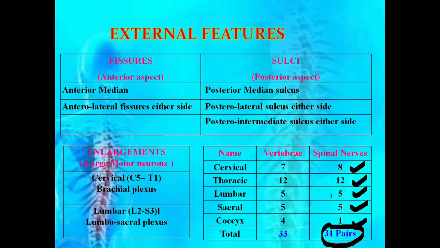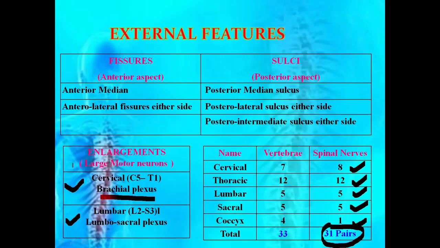During the descent of the spinal cord, you can see two enlargements, identified as the cervical enlargement and the lumbar enlargement. From the cervical levels C5, C6, C7, C8 and T1, they constitute the brachial plexus. What are these enlargements? First of all, they are the large motor neurons which get enlarged and form a group of nerves.